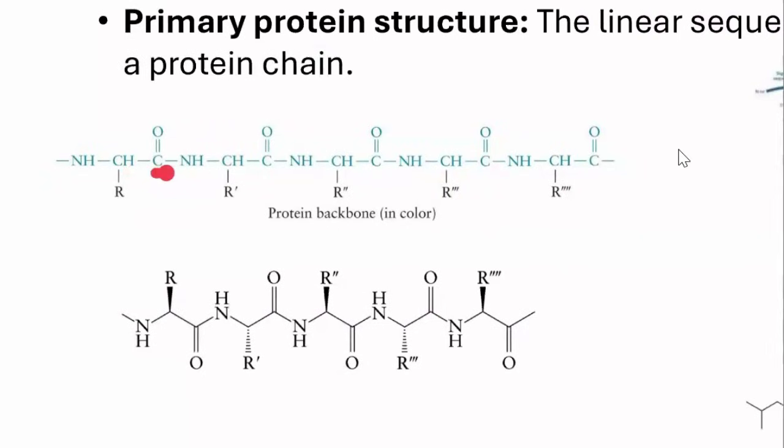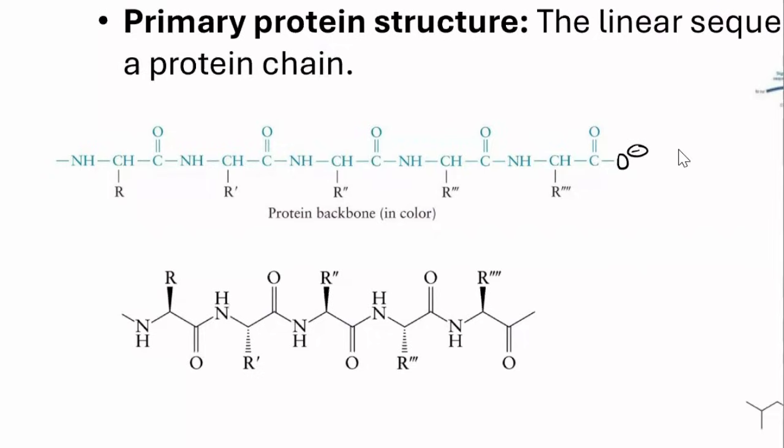Then we have an amide bond, and then that sequence repeats up until at the end of our peptide, we have the last alpha carbon with its side chain, and this area tends to be a C double bond O, O minus overall.